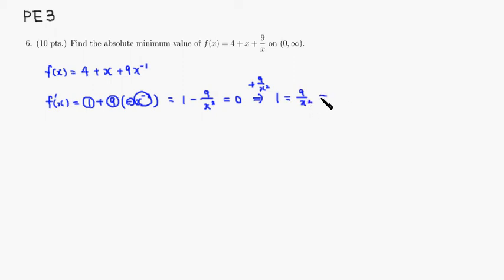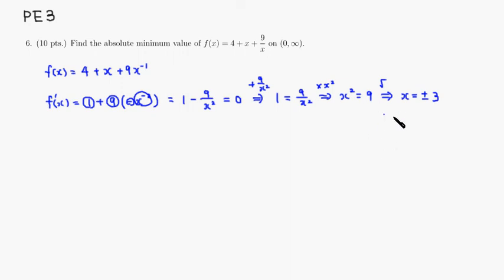Since we don't like fractions, we multiply both sides by x squared. So we have x squared is equal to 9. Then we take the square root to get rid of the square, so x is equal to plus or minus the square root of 9, which is 3.